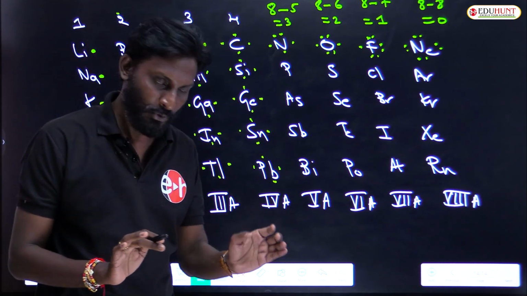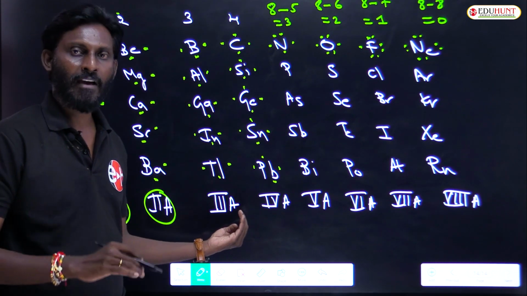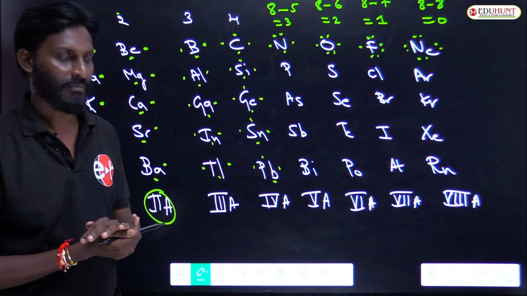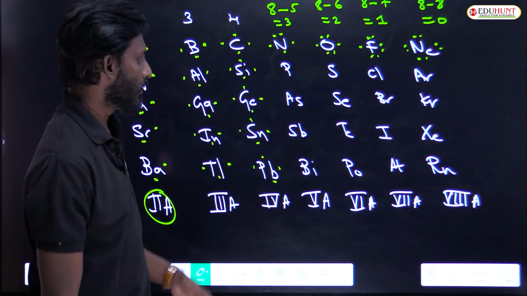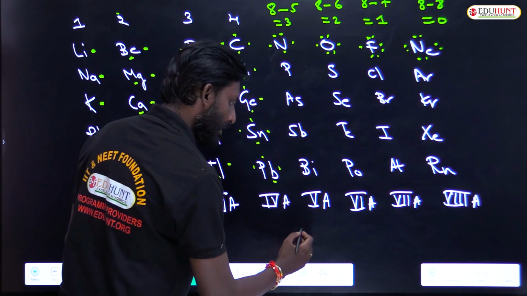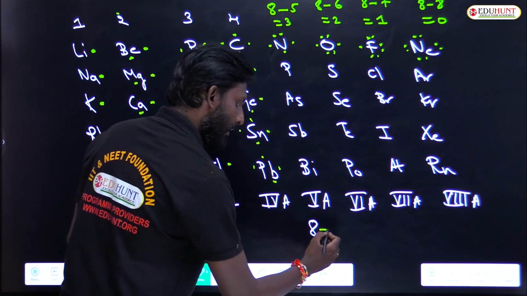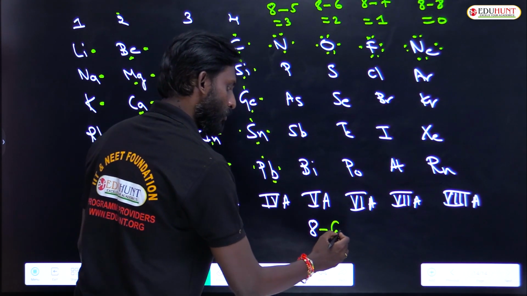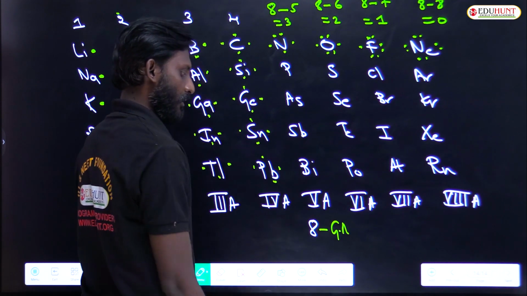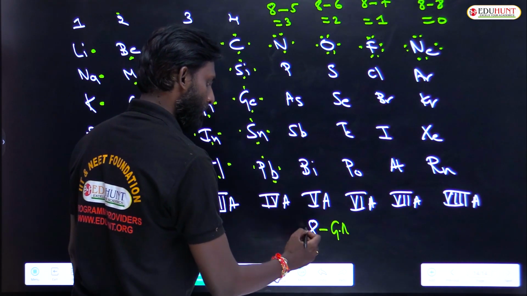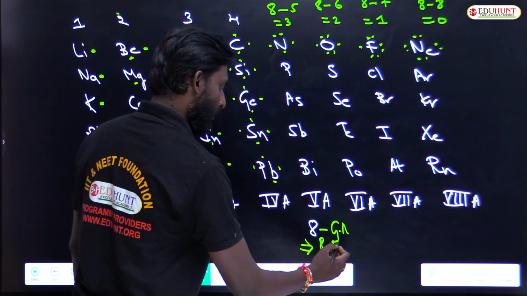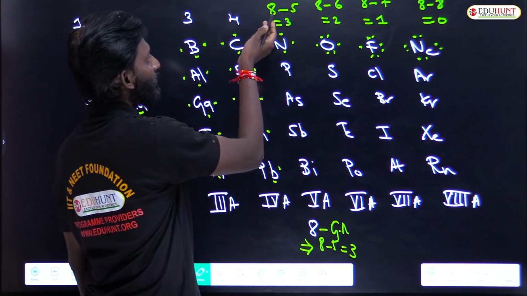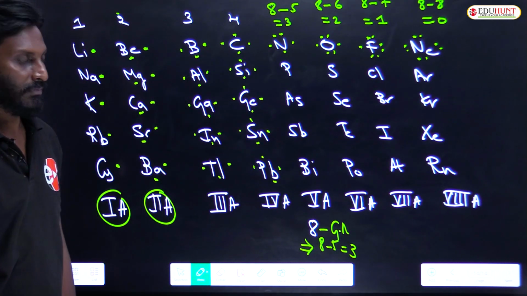So up to the carbon family, valency is equal to group number. Then after the carbon family, valency is equal to 8 minus group number. Let's do it. 8 minus group number 5, 8 minus 5, valency is 3. That's it.